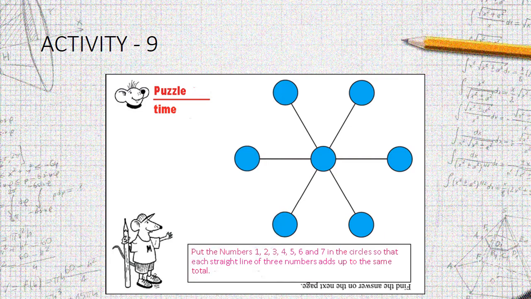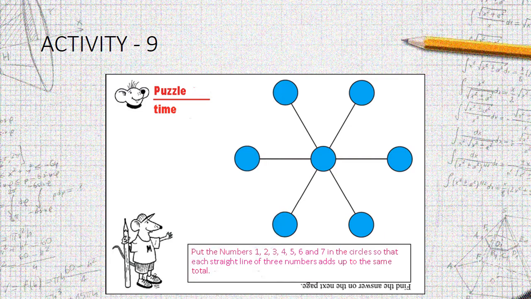Like if in the first line you put the number 1, 2 and 3, so the total is 3 plus 2, 5 plus 1, 6. So in other lines also the same total should be there. This was just an example, but you have to try by yourself first and then move ahead with other numbers.